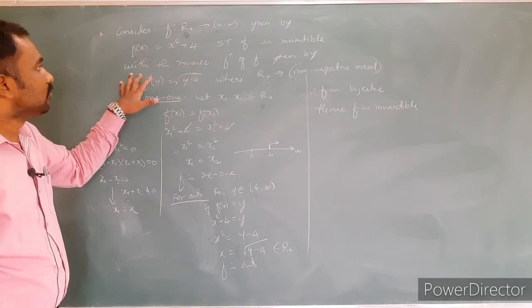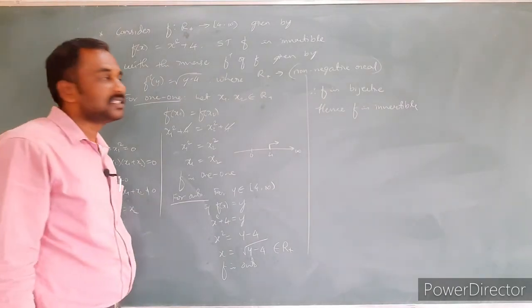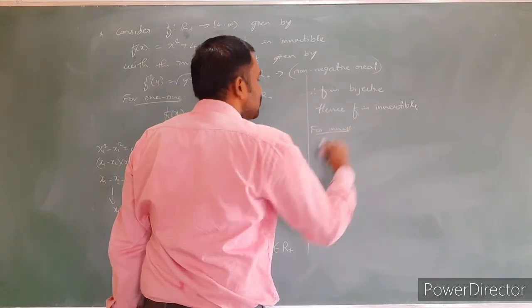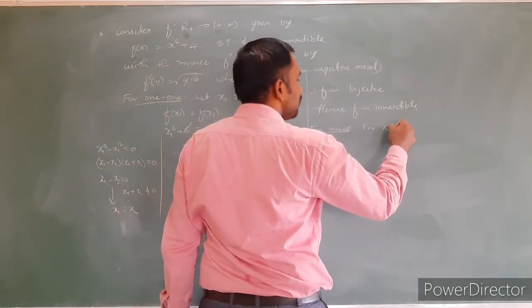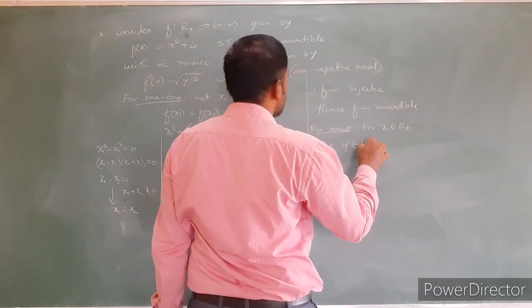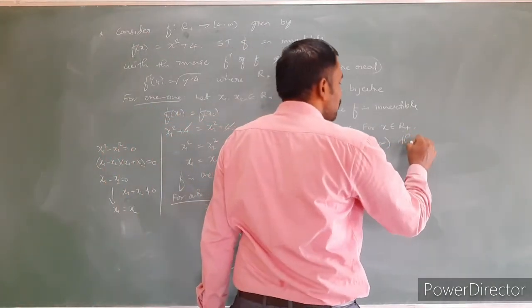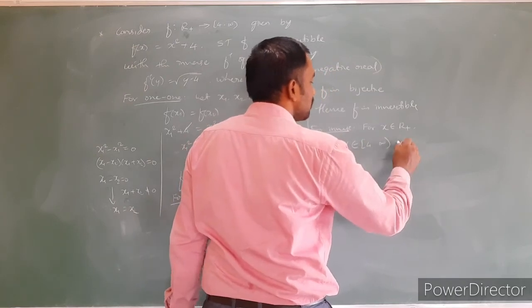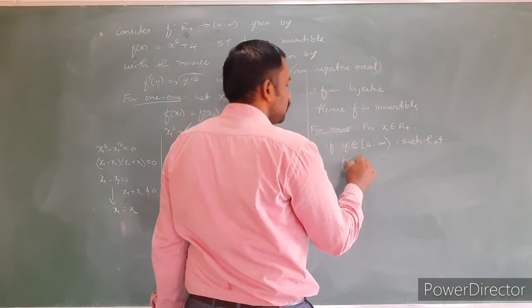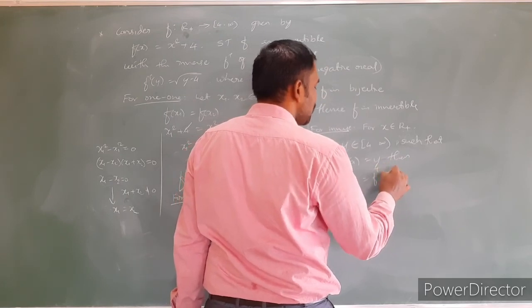Then we need to show that f is invertible with the given inverse. We are required to find the inverse. What is the inverse of the function? For x belonging to the domain set R plus, and y belonging to the codomain set, the semi-closed interval 4 comma infinity, such that f of x is equal to y, then x is equal to f inverse of y.